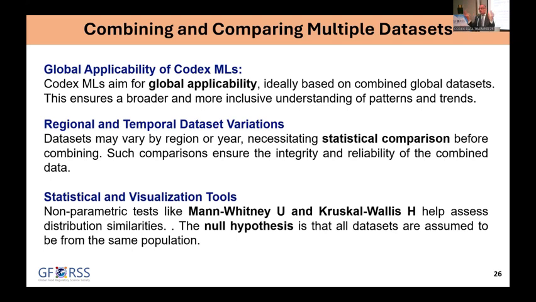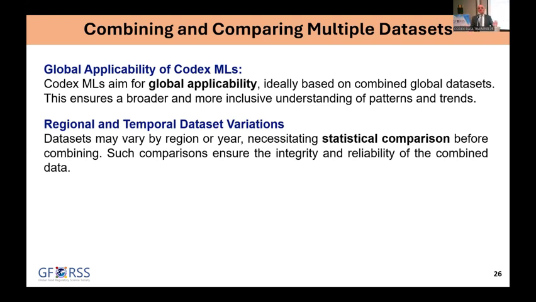So you need to verify that the two are water to mix, or the two are oil to mix. But if you find that one is water and one is oil, you cannot mix them together. So there is a prerequisite before we combine several data sets to use statistical analysis in order to achieve homogeneity in the final global data set.